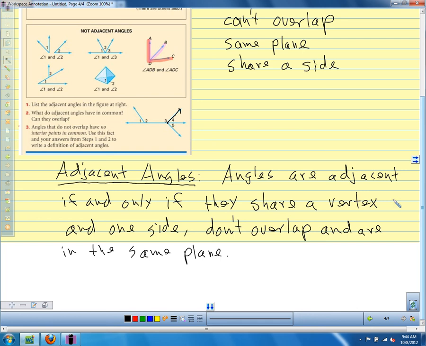We could write it as a conditional and its converse. But the important thing to remember about definitions is that in math, we can write our definitions as a conditional statement where the converse is true. And when that's the case, we can write it as an if and only if.